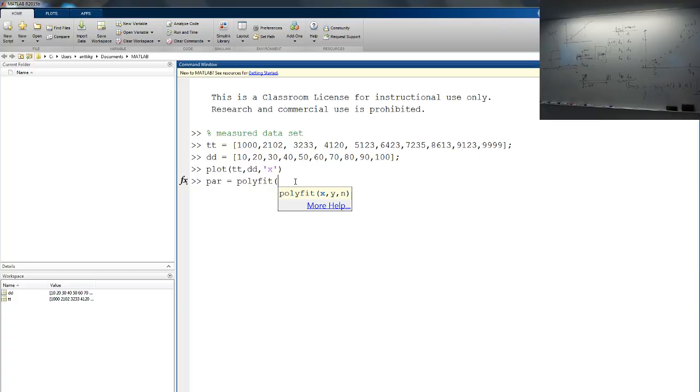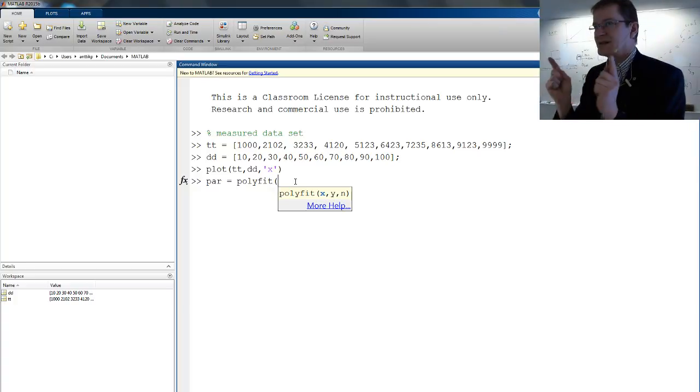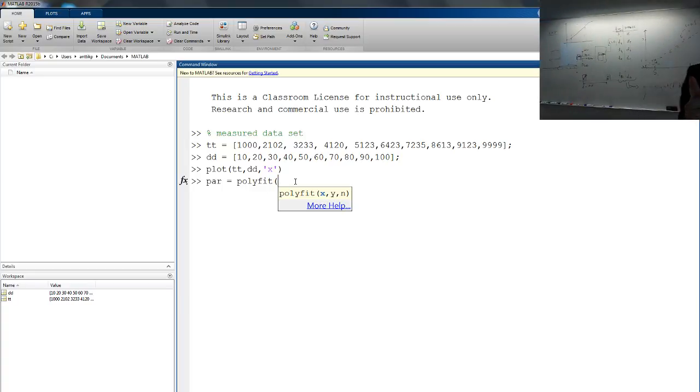Here my final product would be the distance in millimeters. So x is my count from LCD, y is the distance, and first degree polynomial.